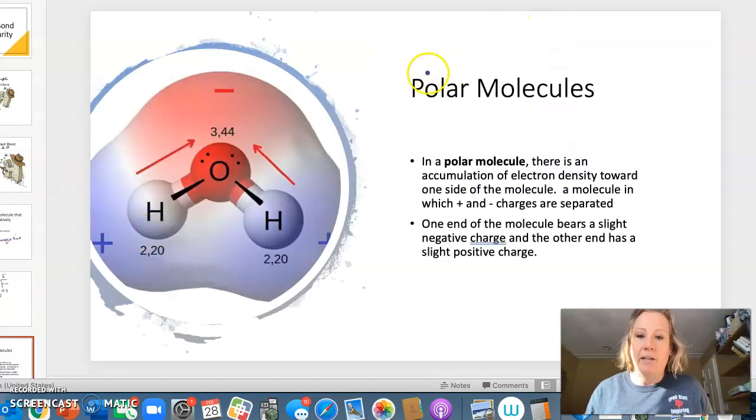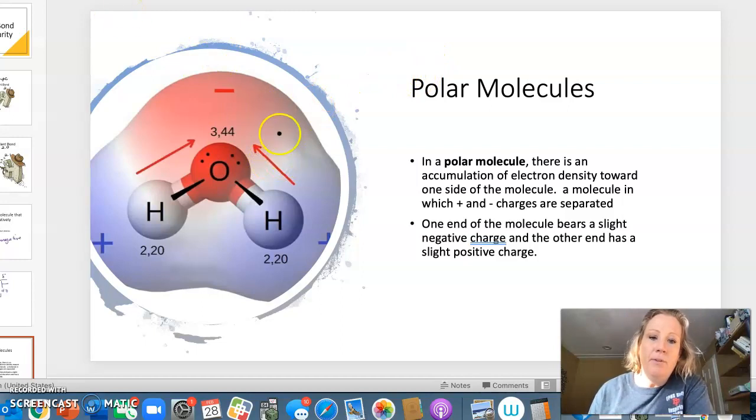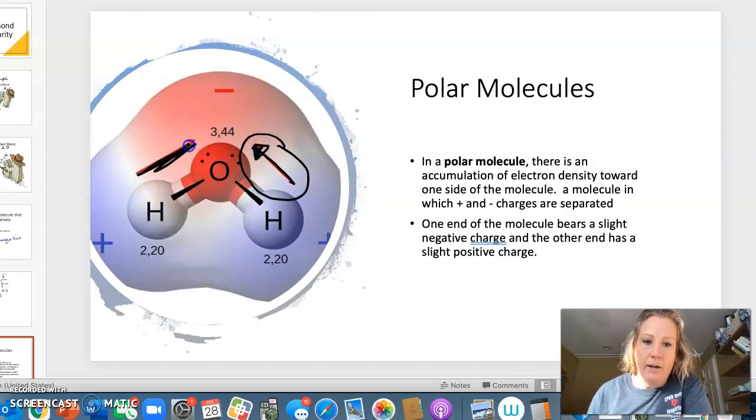So you're going to do the PHET today. This is an awesome PHET, and you're going to see bond dipoles, and in the PHET they are black. I think you have to turn them on, but you'll see here the oxygen is pulling these electrons from this hydrogen towards itself, and then this bond here, again, the oxygen pulls.